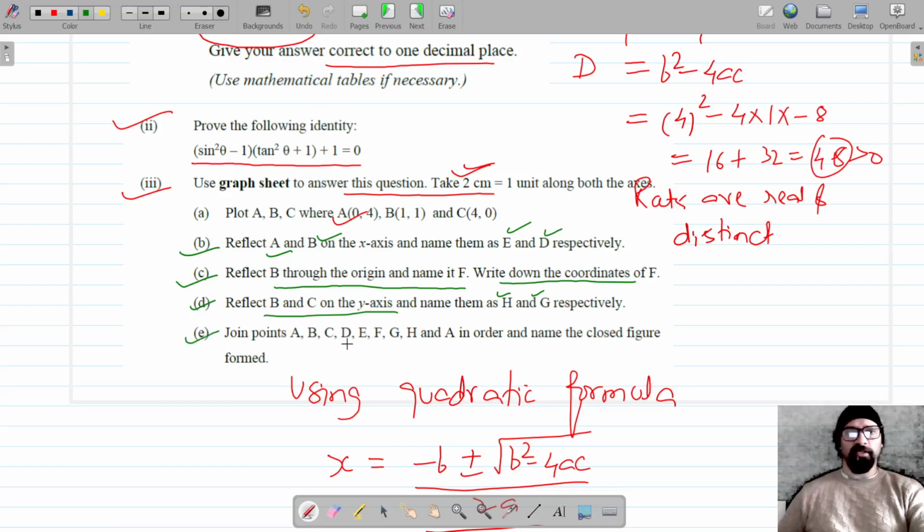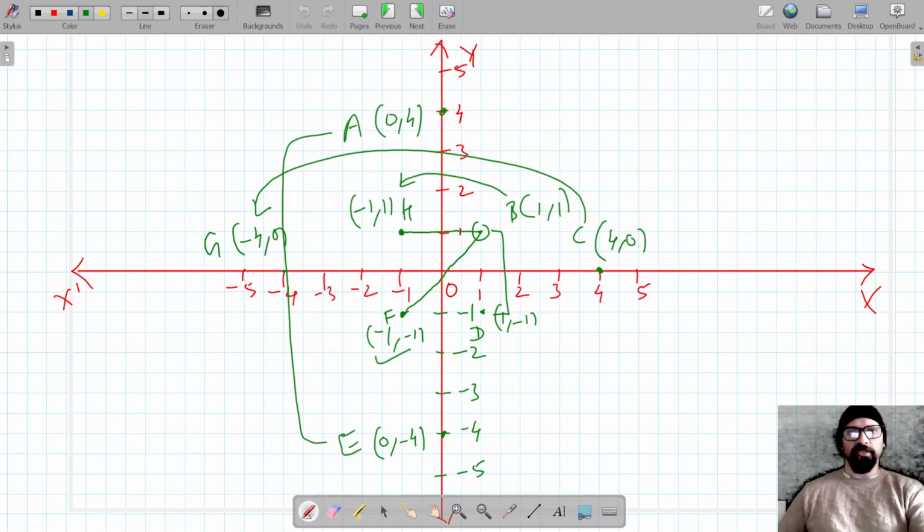Now join points A, B, C, D, E, F, G, H, and A in order and name the closed figure. So let's join the points. The first one was A. So let's join A to B. Okay, I'm going to use a different line here.